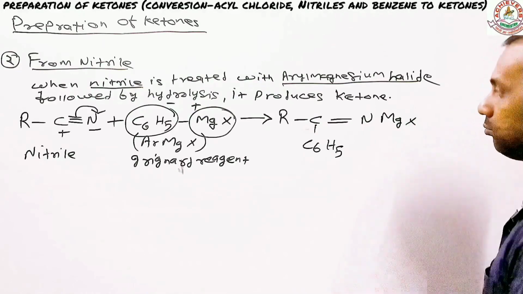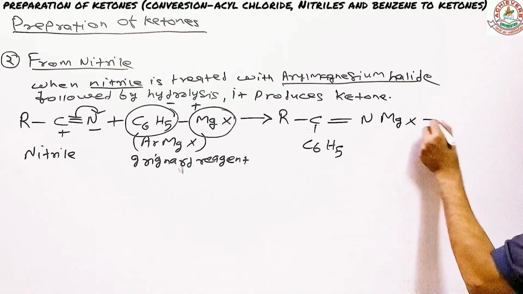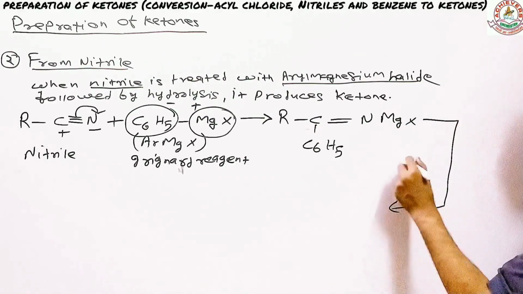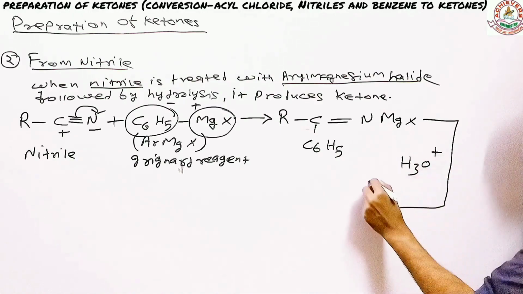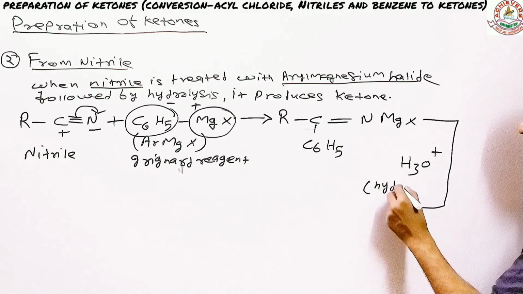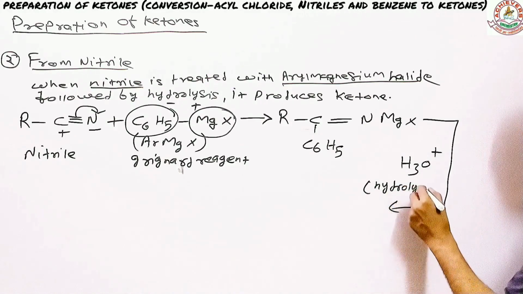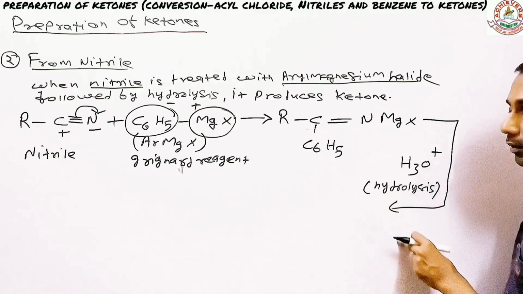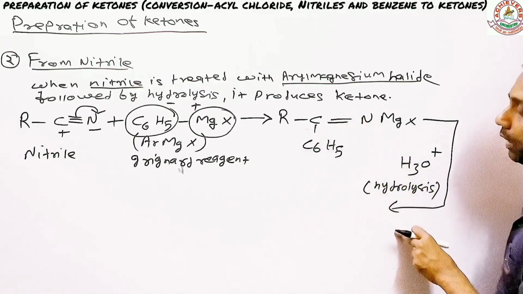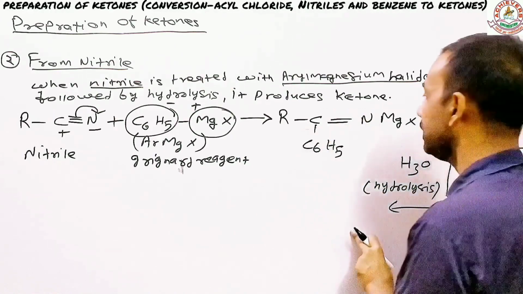Hope you understand, right? And then what last do we have to do? We have to do a reaction with water. And what is this called? This is called hydrolysis. So when you subject this particular reaction to hydrolysis, what actually happens?